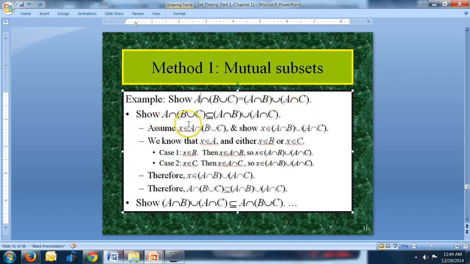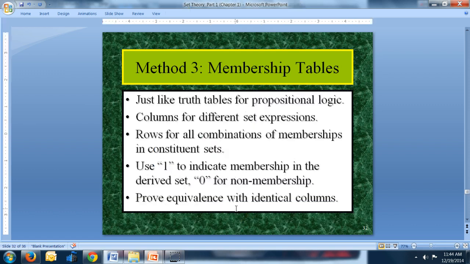That is what we are looking at in here. We can also look at the other way around, which is A union, and then B intersection with C.